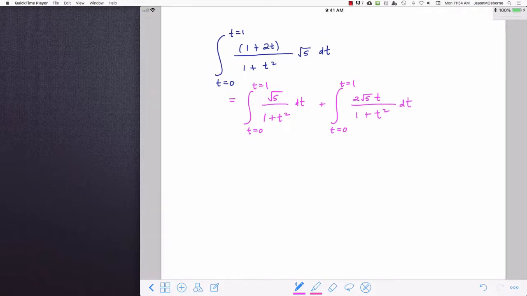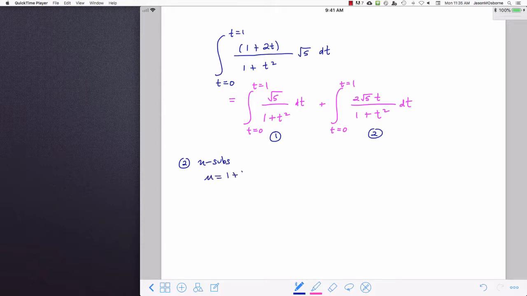One of these integrals is a pretty straightforward one. I am thinking that it is the second integral because this is a u substitution integral. I always think about u substitution first.